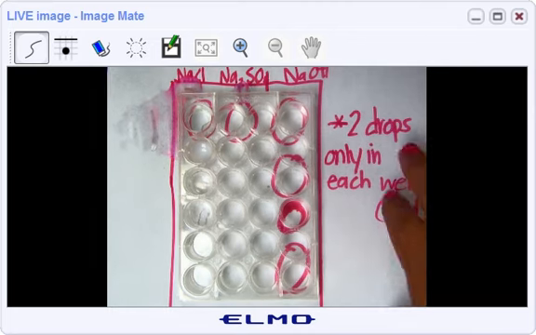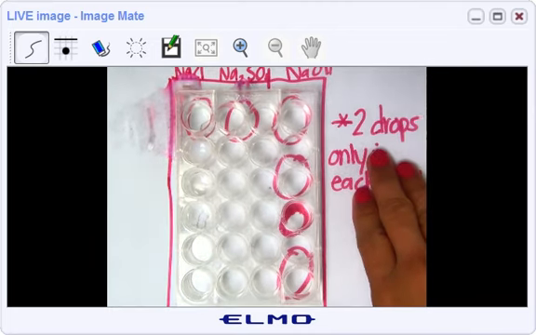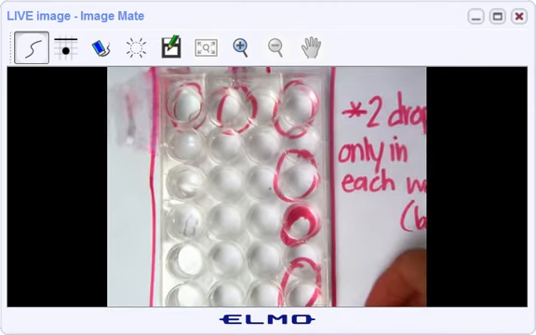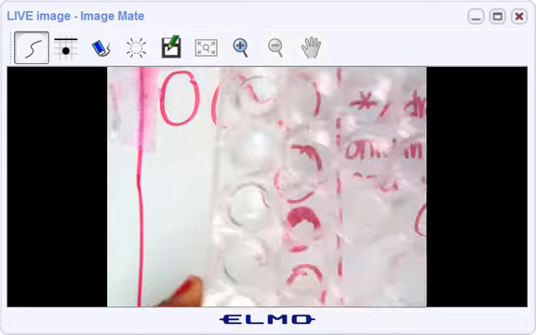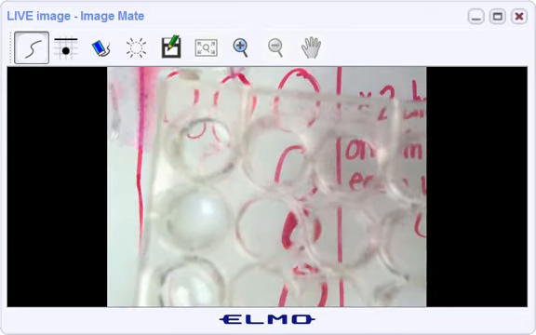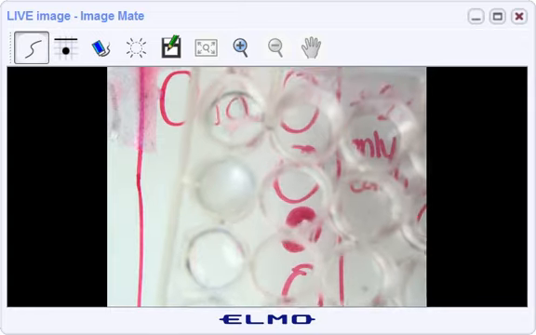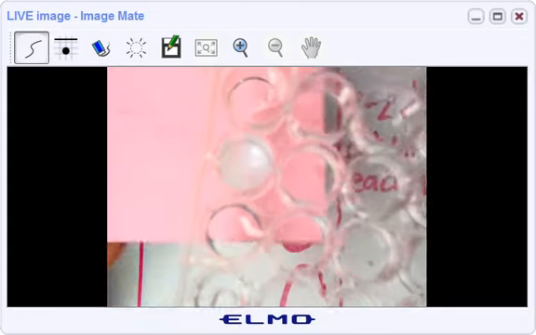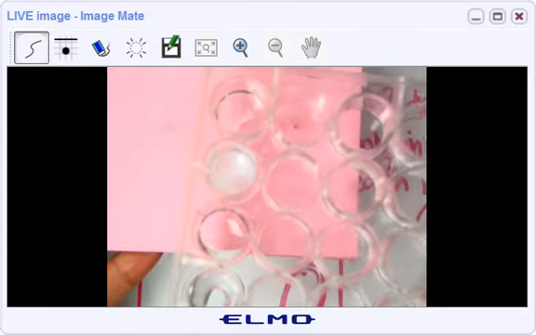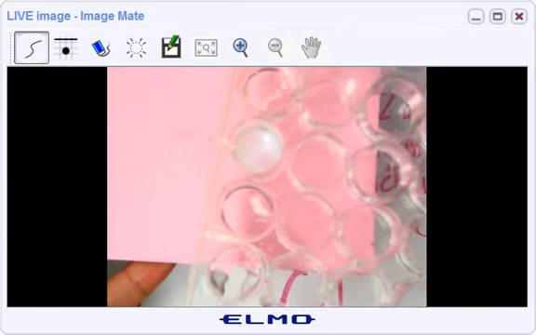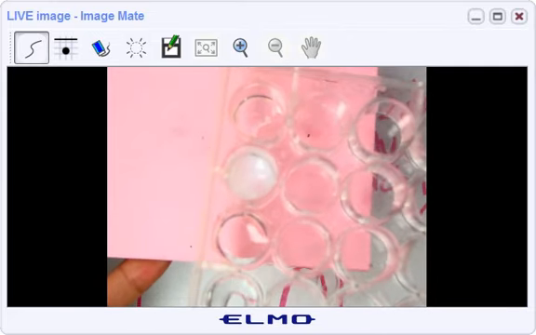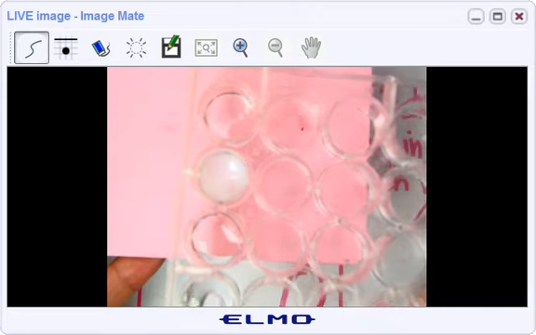Let's see if there's any precipitates in row 1. Let me see if I can find a darker sheet of paper. Okay. In the second one, you can clearly see a white solid at the bottom. So that's where you would write precipitate.